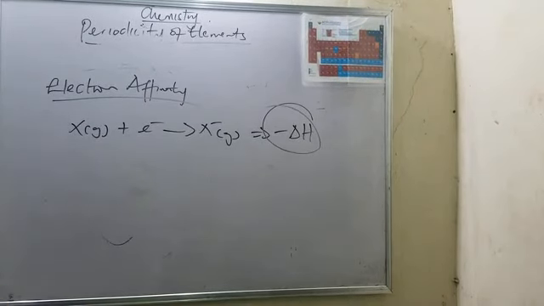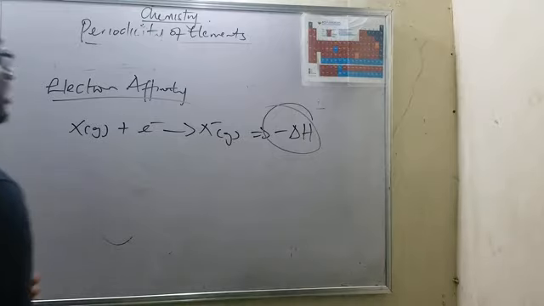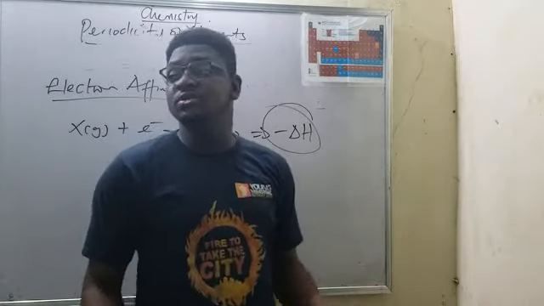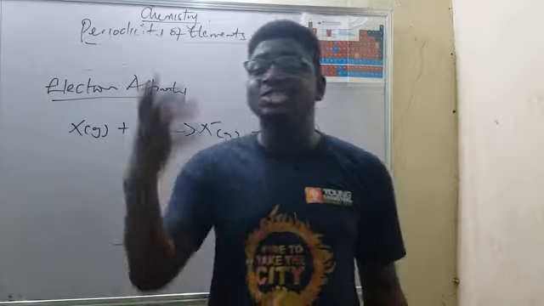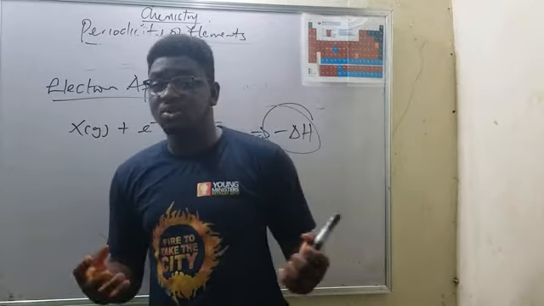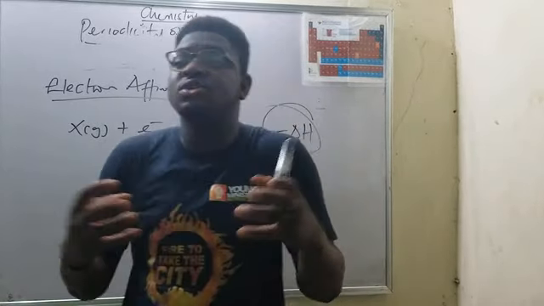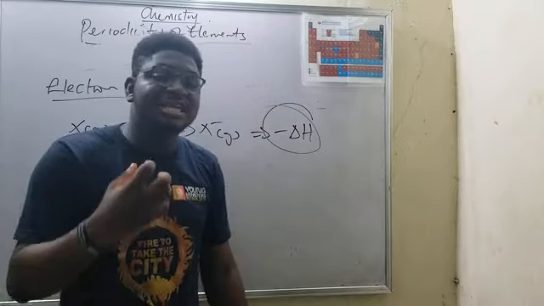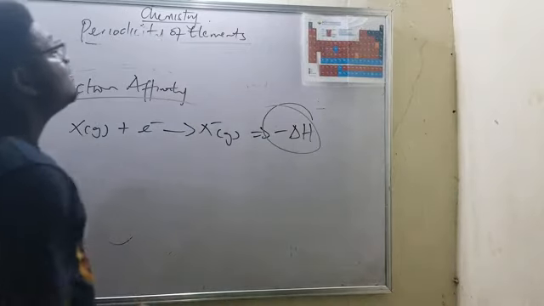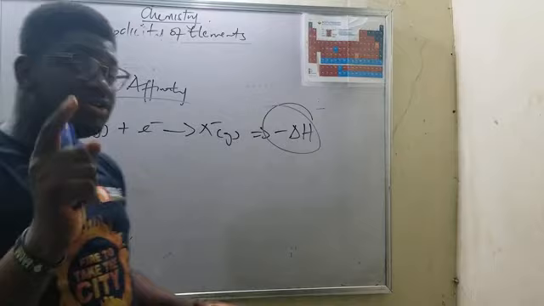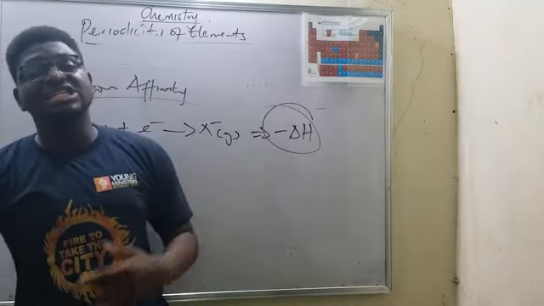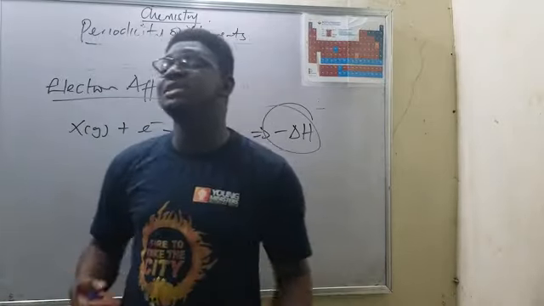One of the reasons is that smaller atoms show a greater tendency to attract electrons because they are small, so they are closer to the nucleus. Because they have a greater tendency of attracting electrons, energy is released more as electrons are being added.